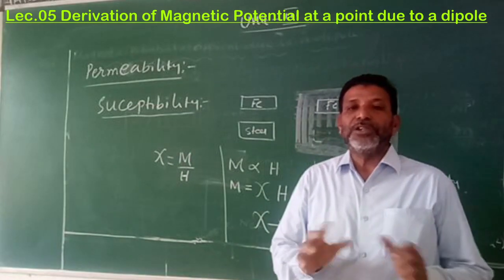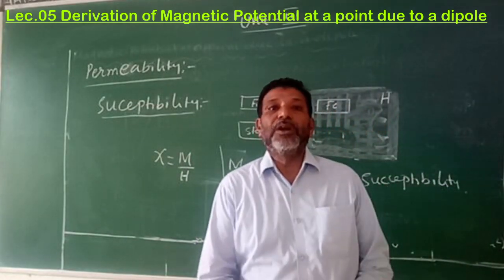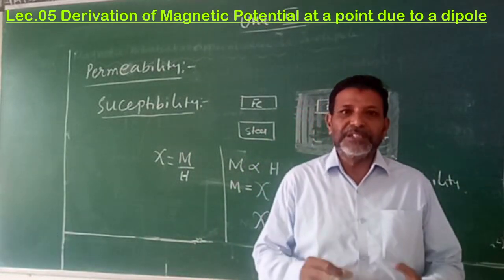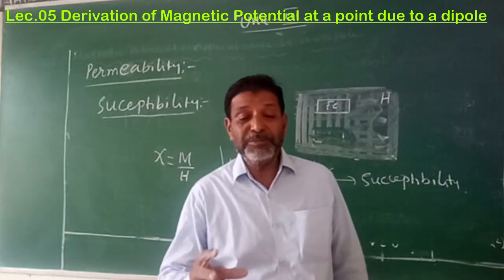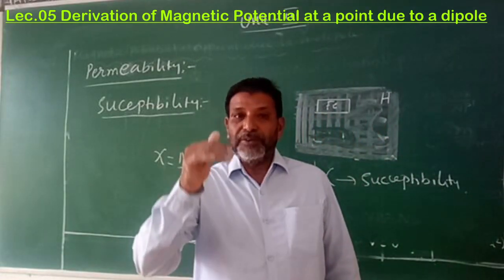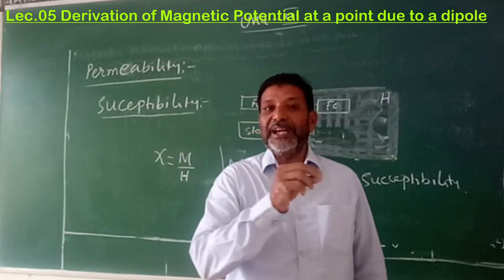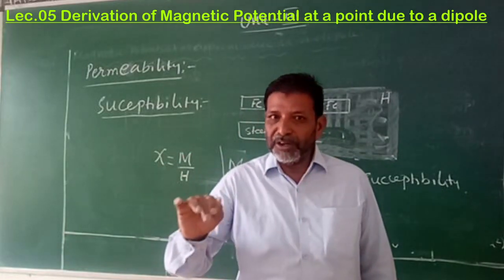Now, these are the two definitions connected to this topic. In this particular class, we have discussed the magnetic potential, then the formula of the magnetic potential at any point on the axial line of a dipole, and next on the equatorial line of a dipole.